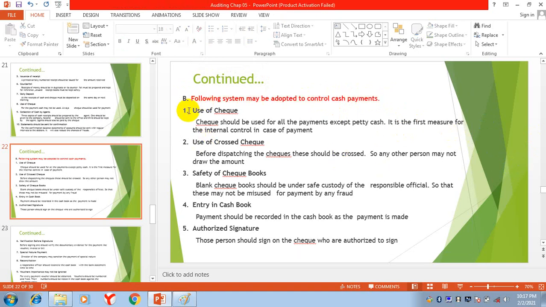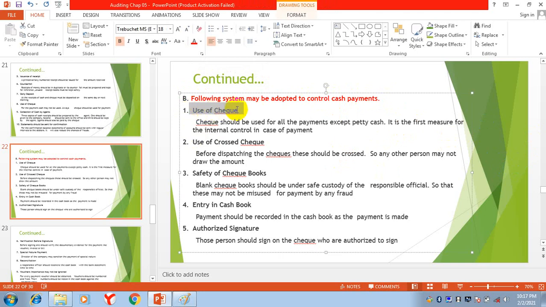The first thing that is important is that whenever a payment is made, it should be through check. Checks should be used for all payments except petty cash.